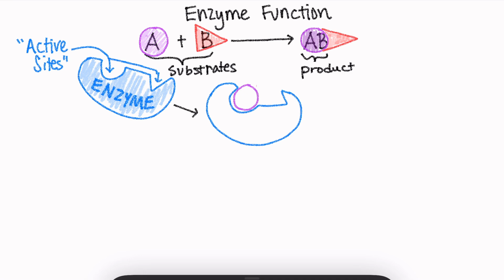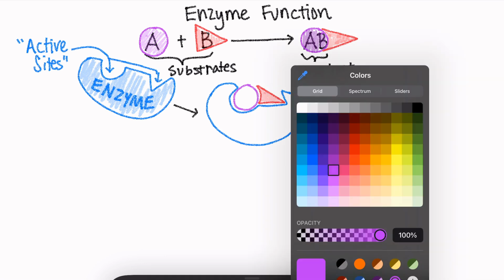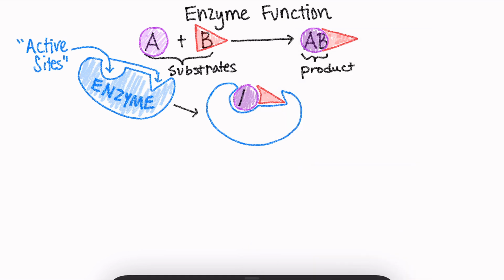And then that red triangle can fit in right here like this. And you see how now they're brought closer together? And by being brought closer together, it makes it easier for them to have a bond formed between them. So the enzyme is facilitating this reaction.